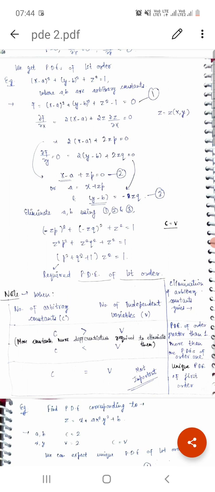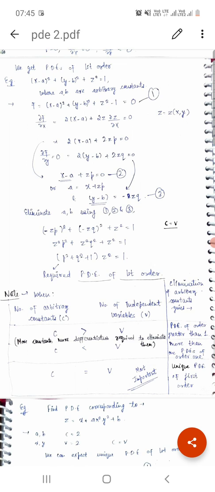There is a pattern which we can expect while we form a partial differential equation. It is related to the number of arbitrary constants present in the equation.